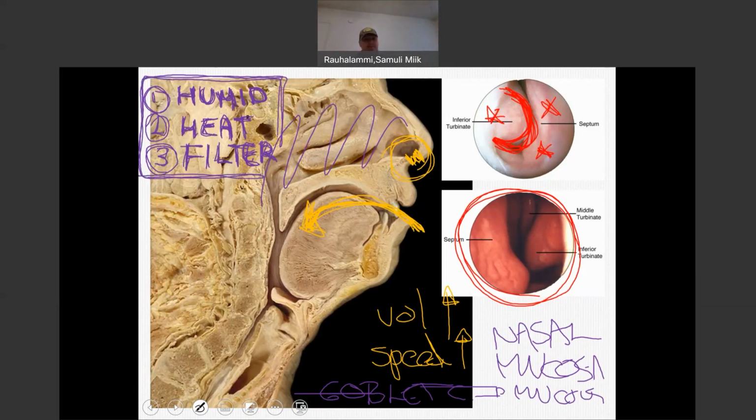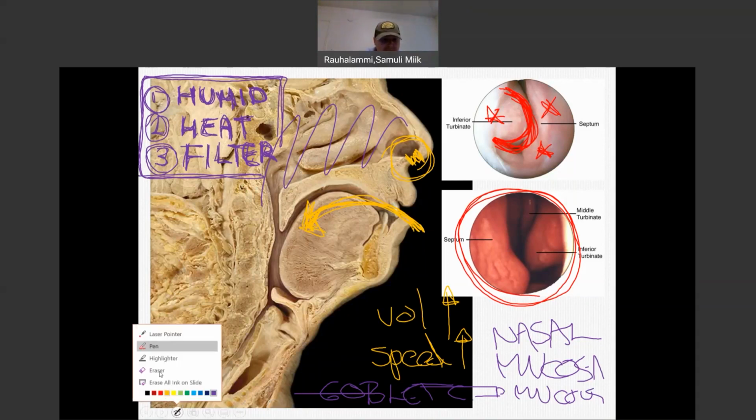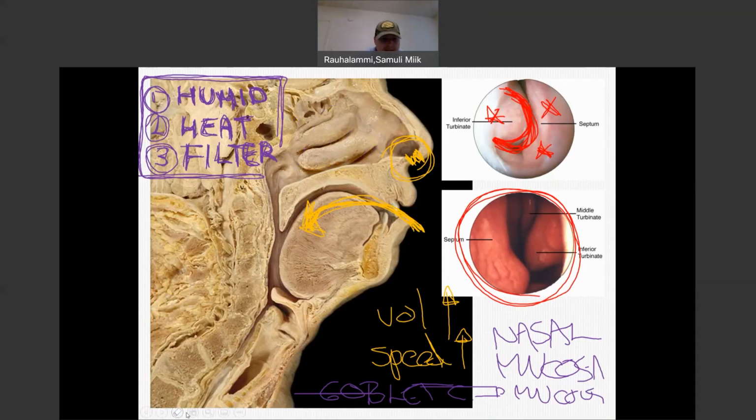I do want to point out from this diagram another thing, and I'm going to see if I can remove a little bit of a drawing that I've done, and it looks like I was able to. I want to spend a moment talking about a few other structures that we're seeing here. So let's talk about the conchi a little bit.